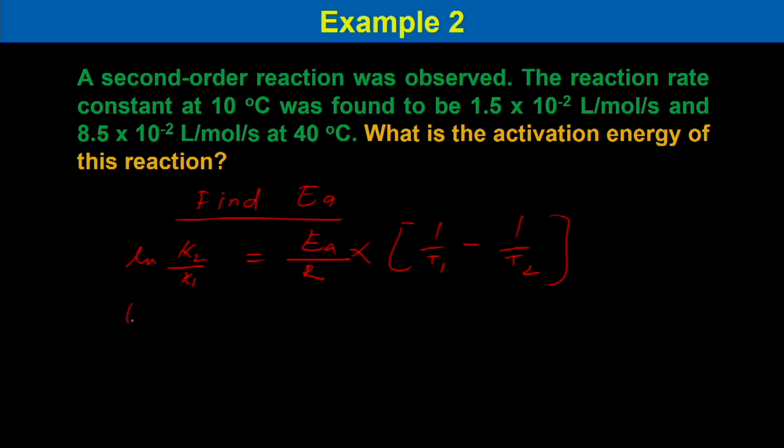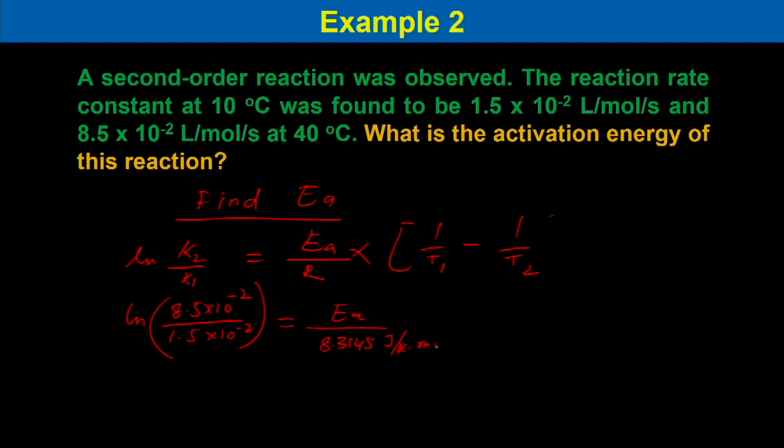So, if we substitute, this is ln(8.5 × 10^-2 / 1.5 × 10^-2) = Ea divided by 8.3145 joule per Kelvin mole into (1/283.15 Kelvin - 1/313.15).